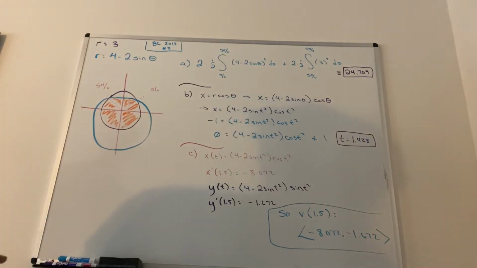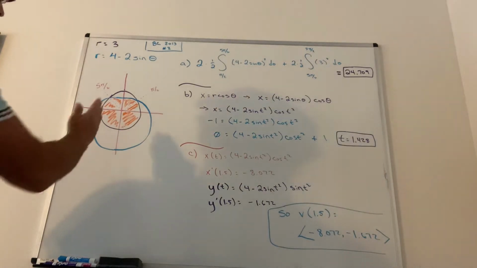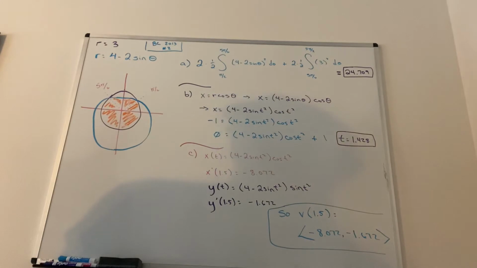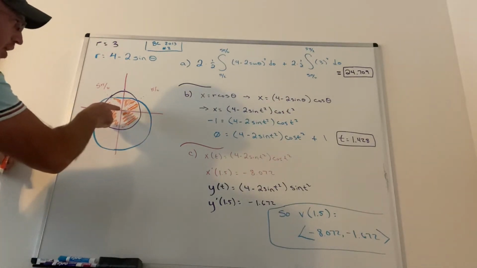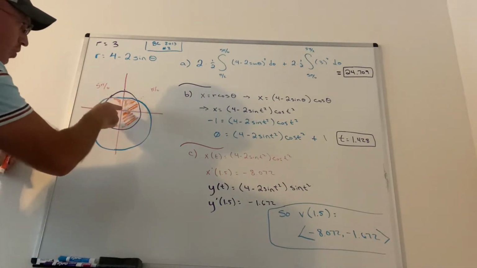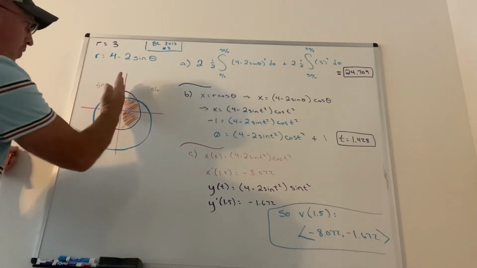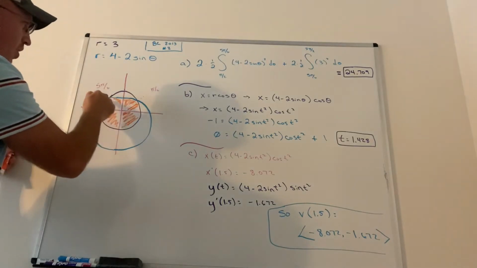Now, the way this is set up, I think it's going to be easier to find this half over here and then just double it to get the entire shaded region. If I start here at pi over 2, I run into the blue graph from pi over 2 all the way to 5 pi over 6.